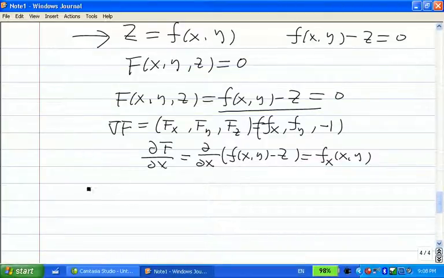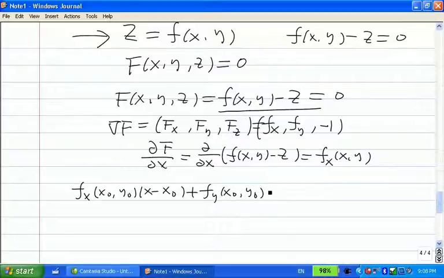So you get fx(x0, y0) times (x minus x0), plus Fy, which is small fy(x0, y0) times (y minus y0), plus Fz, which is minus 1, times (z minus z0), gives you 0.